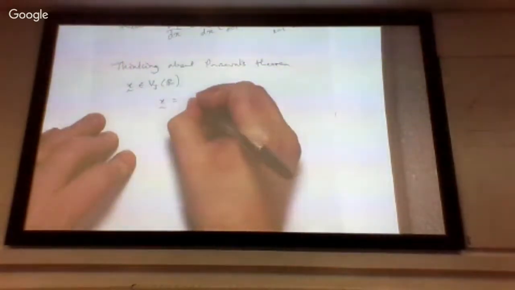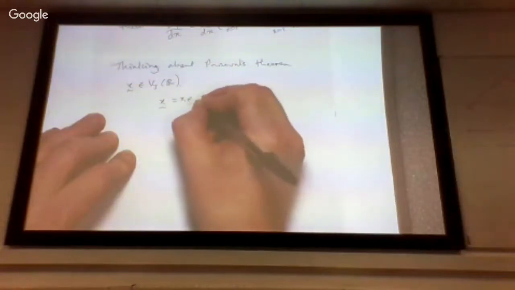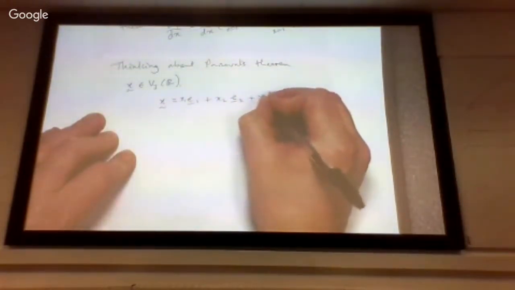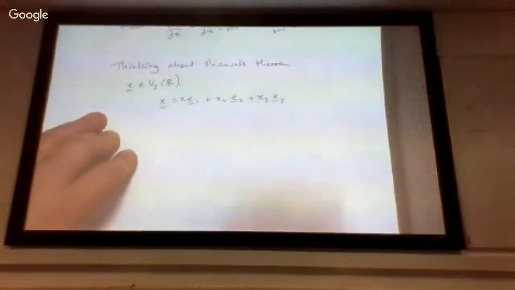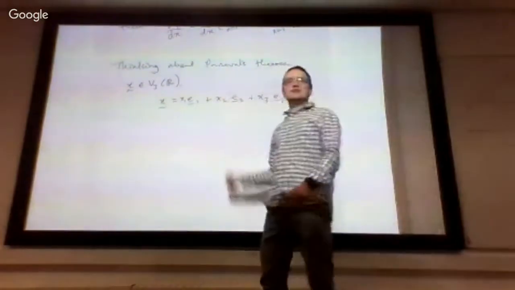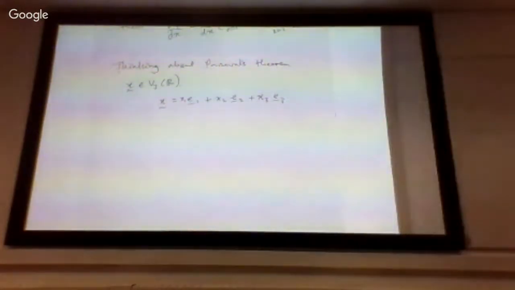We can write your vector x as x1 times the basis vector e1 and so on, if we're using the standard basis, or any basis really. So you can express the vector x as a linear combination of the basis vectors.